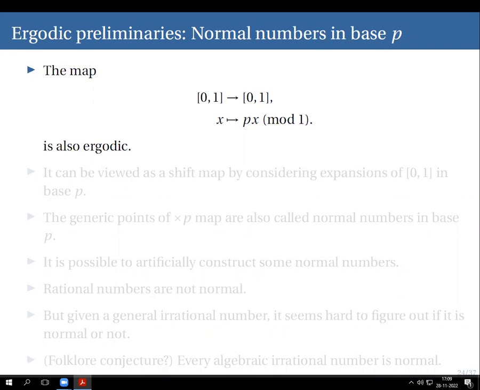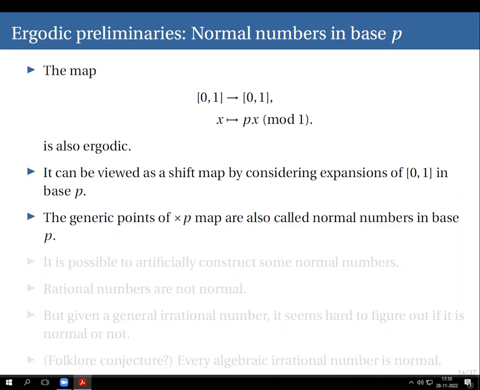You can look at the base p expansion and the map that's multiplication by p. The multiplication by p map also shifts digits. This map is also ergodic, and it can also be viewed as a shift map by considering these expansions in base p. Again, it's just a property of digits. The generic points of this multiplication by p map are also called normal numbers.